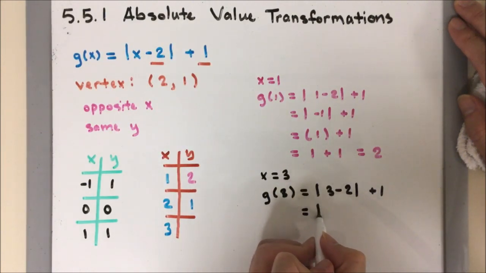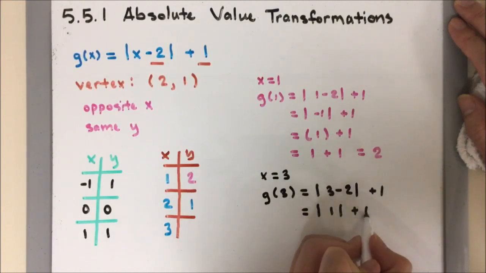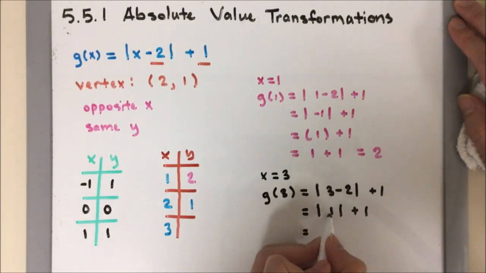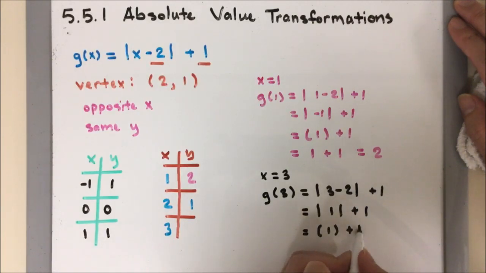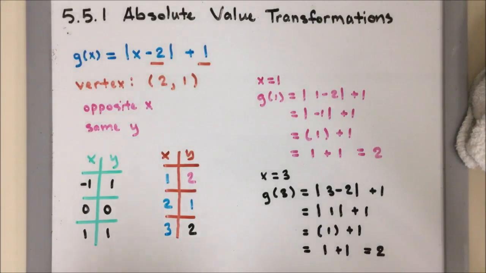So I still have the absolute value. 3 minus 2 is positive 1, close absolute value, and then plus 1. Since it's positive 1, it stays the same, so parenthesis, positive 1, and then plus 1. Since I don't have anything to distribute from the outside, I'm going to drop the parenthesis, so it's 1 plus 1. And then that will equal 2. So I completed my points.